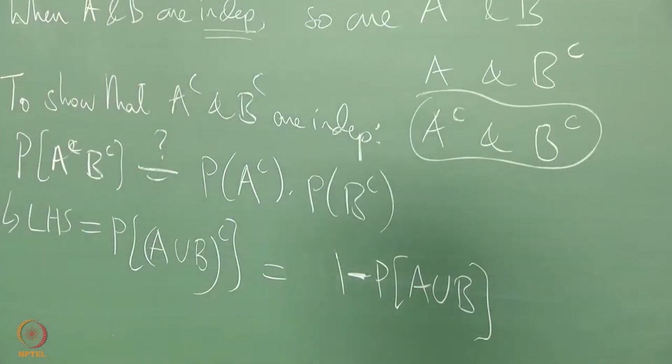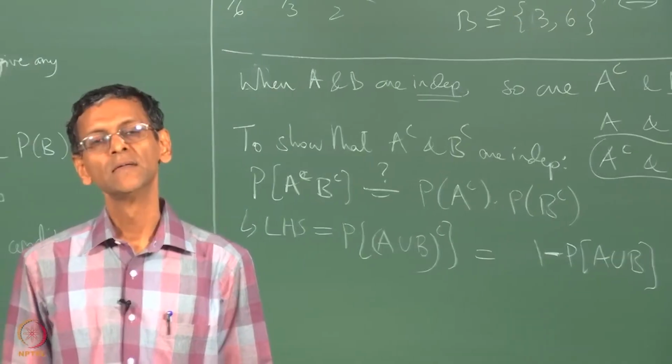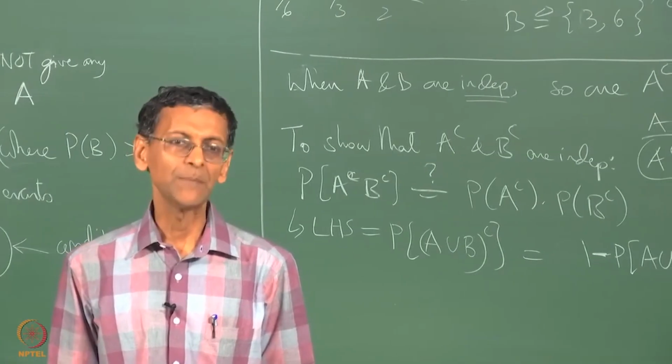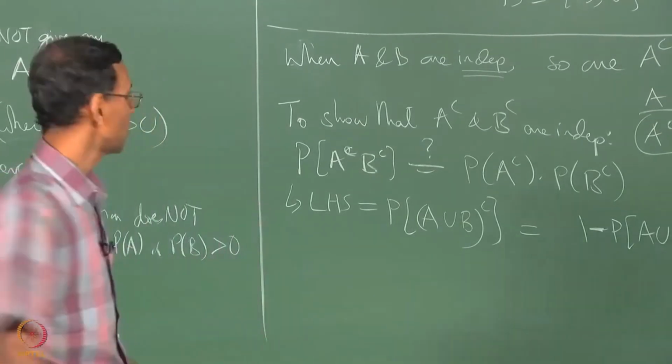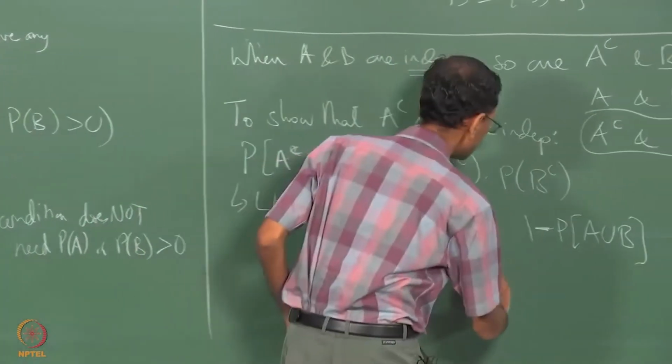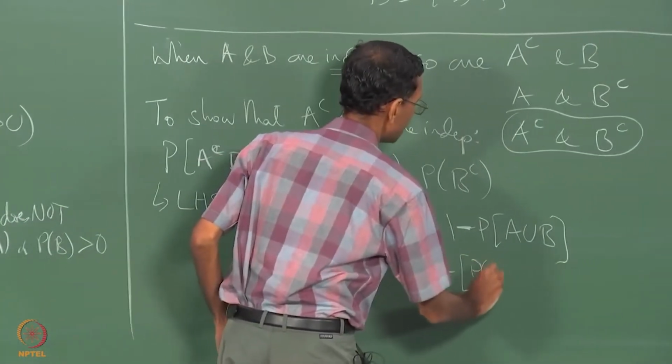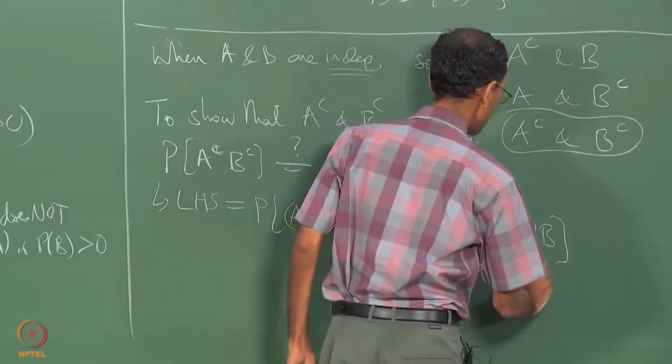Now it's interesting here, incidentally P of A union B itself can be written in terms of just P A and P B, because we know how to write P of A union B, isn't it? So what is P of A union B? In this case it is P of A plus P of B minus P of AB.